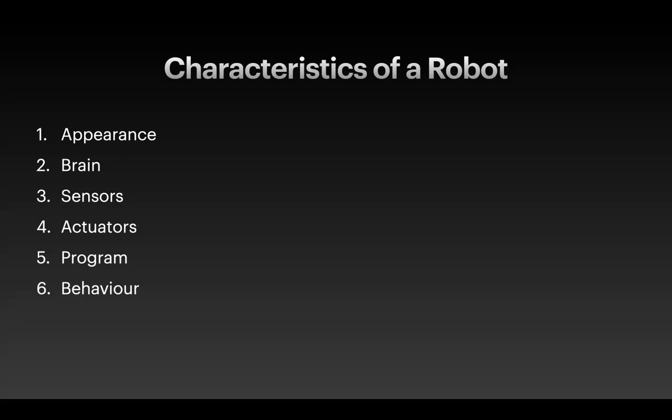We are the ones who are telling the robot to do such things, like follow the line or measure the distance and move forward. So the code that we write is the program of a robot.